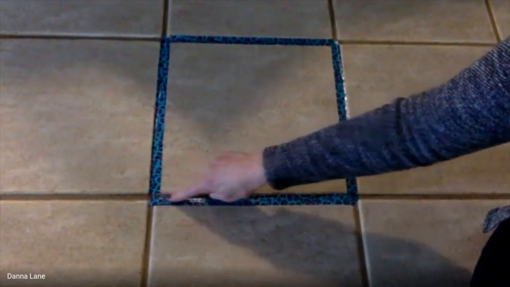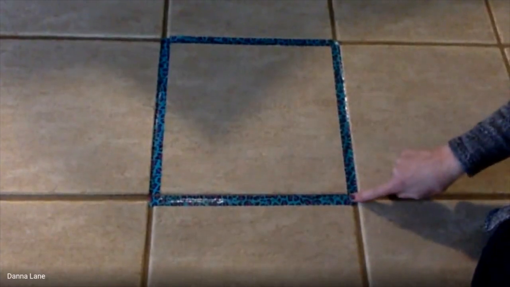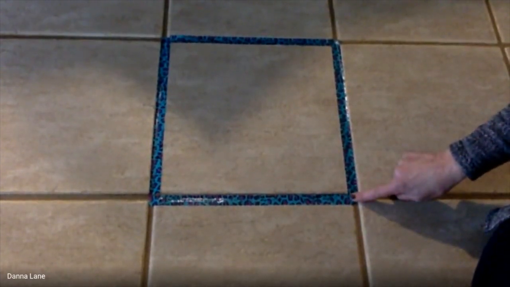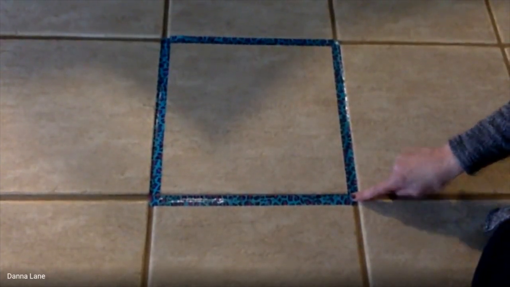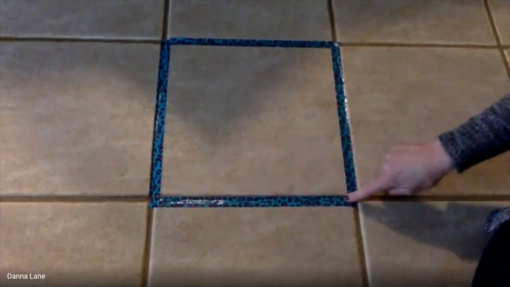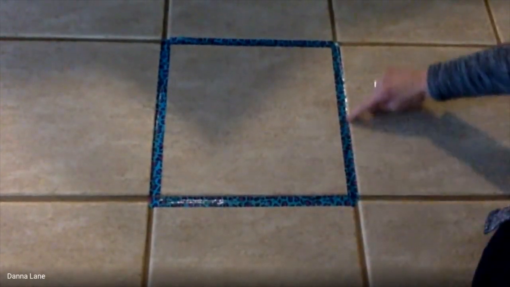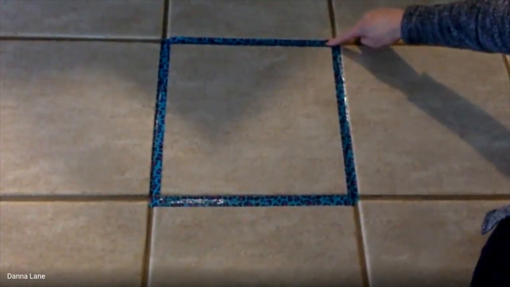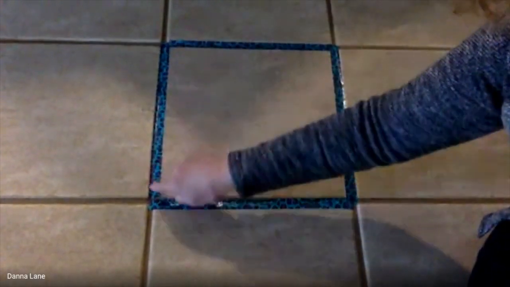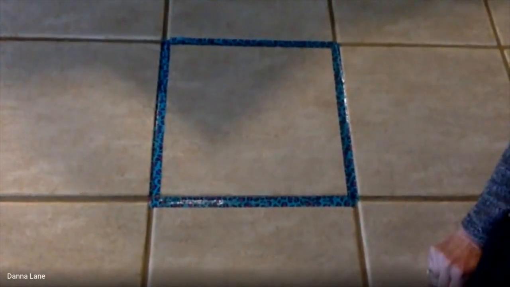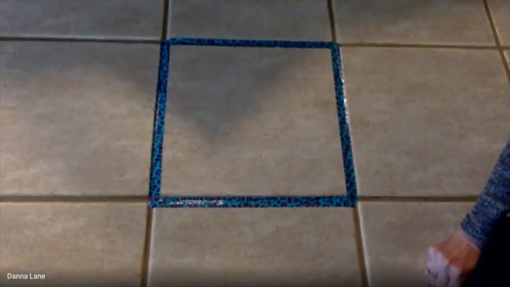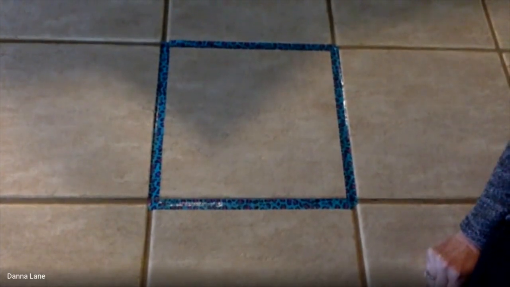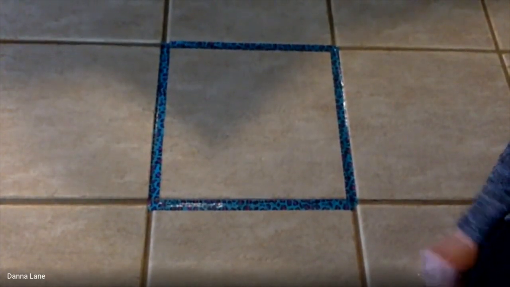So as I said earlier, one side of the square is 1 foot. So we have 1 foot here, 1 foot here, 1 foot here, and then 1 foot here. So finding the perimeter, we take all the sides together and add them up. So we're looking for the total sum of all the sides.